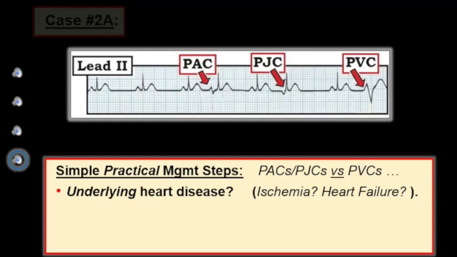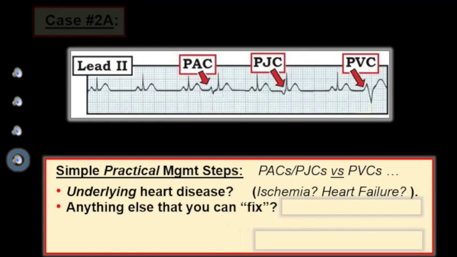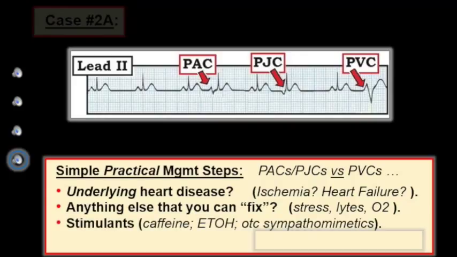Look for anything else you might be able to fix or address, such as hypoxemia, electrolyte disorder, or psychological stress. Inquire about any substances that might be causing or exacerbating the arrhythmia. Caffeine is an especially likely culprit, even in small amounts in susceptible individuals, but also alcohol and other over-the-counter sympathomimetics.